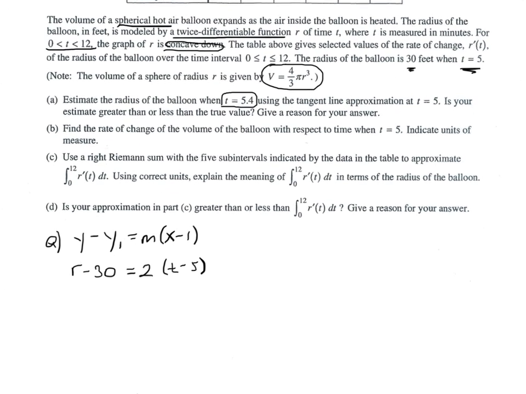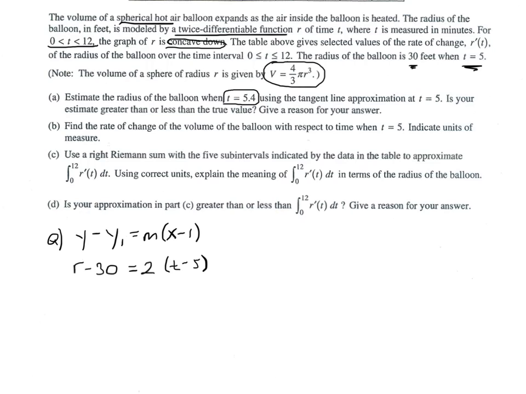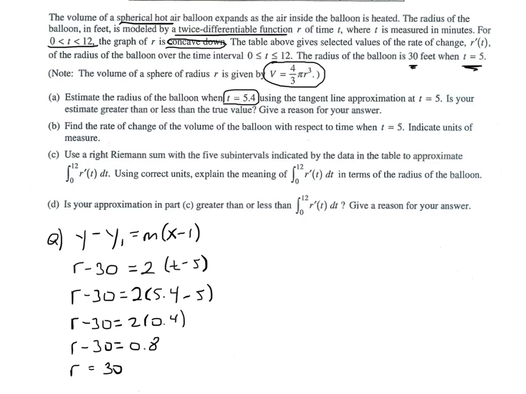So we're going to use this approximation for 5.4, minus 5. So r is 30.8, which means that r of 5.4, the radius at 5.4, is approximately 30.8. And that's going to be in feet.